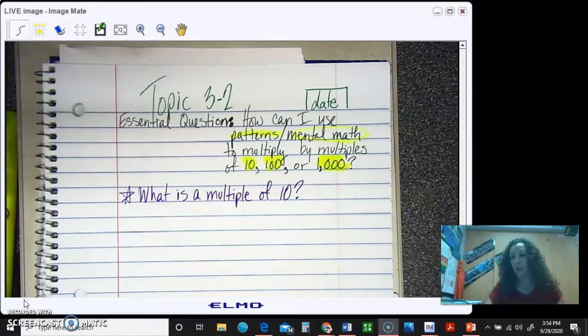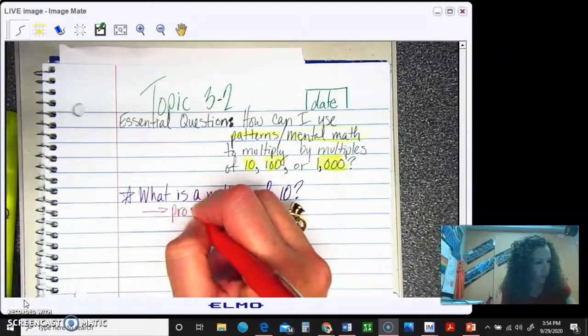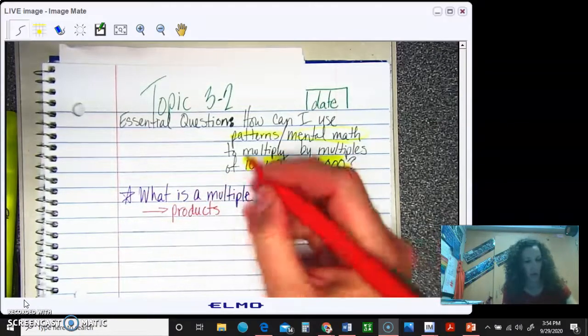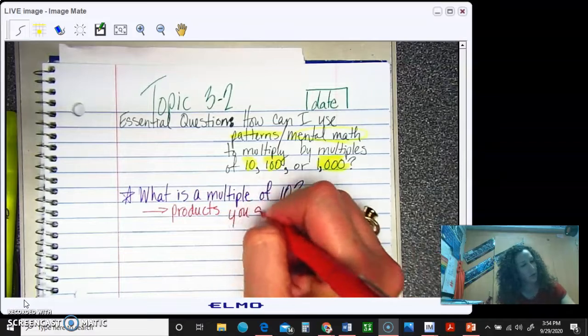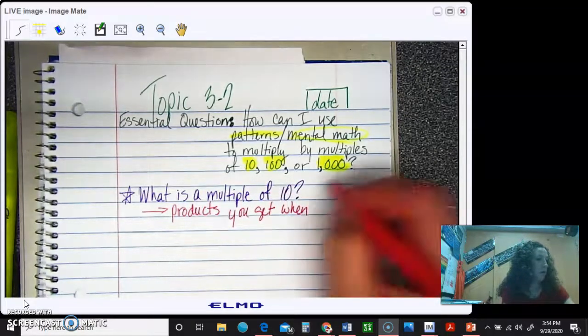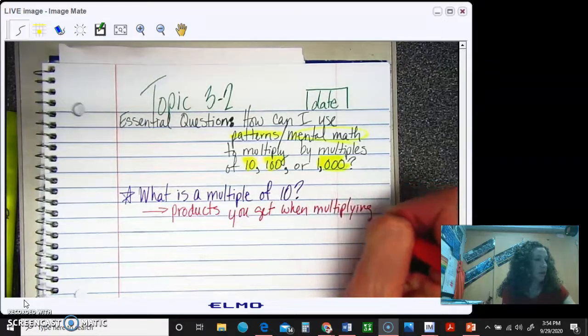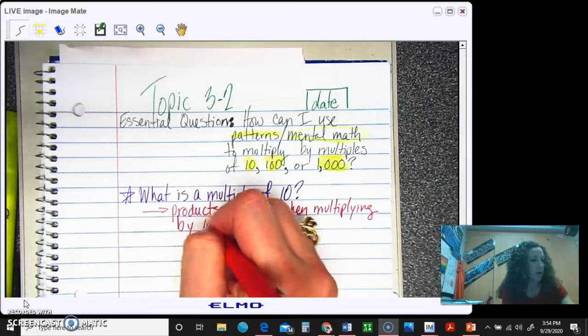Okay, so a multiple of 10 is the products you get when you multiply by tens.